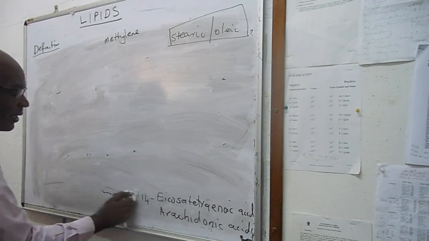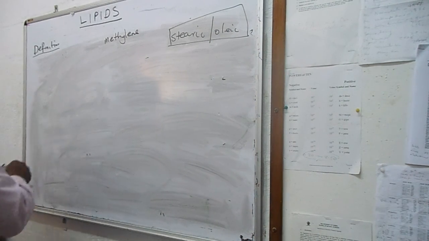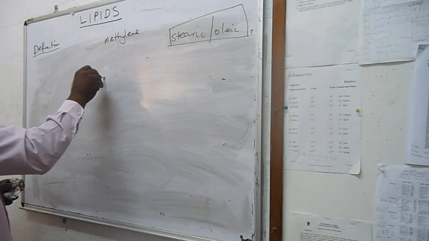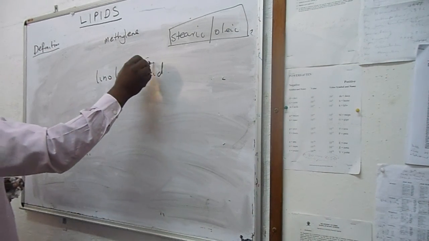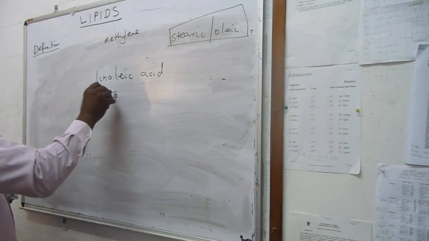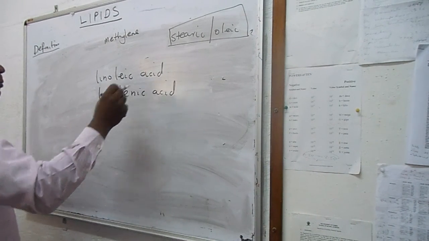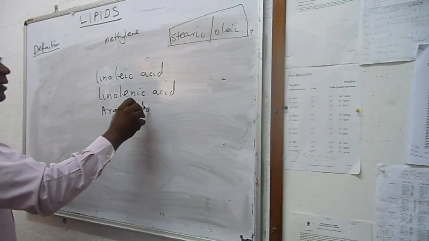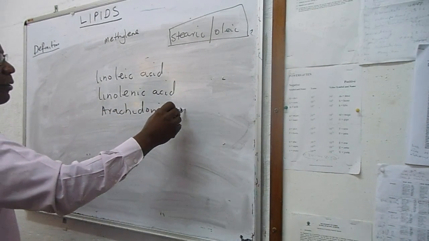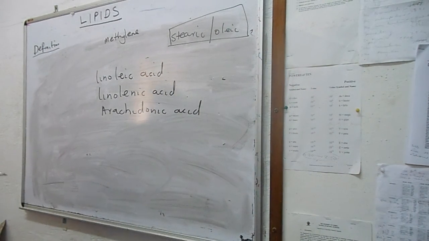What is common is that they all have more than one double bond. If you look at linoleic acid, it has 2 double bonds. Linolenic acid has 3 double bonds. Arachidonic acid has 4 double bonds. So these are considered to have many double bonds.